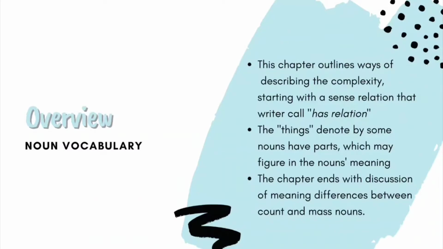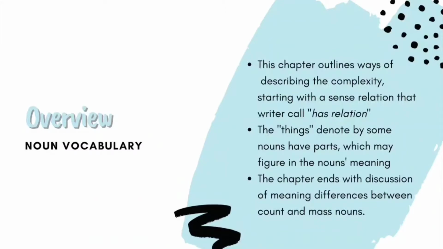Also dealt with in the chapter is the way nouns are grouped into semantic categories. For example, square, circle, and triangle belong together as shapes. In semantic terms, to be introduced below, square, circle, and triangle are hyponyms of the superordinate word shape.